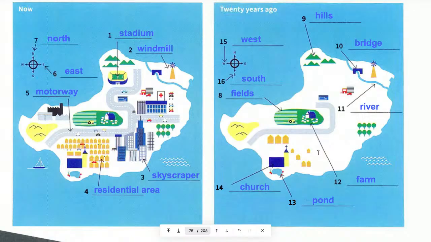Yeah, the farm and fields have remained the same. The church and the pond near the residential area have remained the same, right? And we have something that changes, so you can talk. First of all, you can talk about the new things, because 20 years ago, of course, you see fewer things there, and now you must see more things there, right? Go on, keep talking.